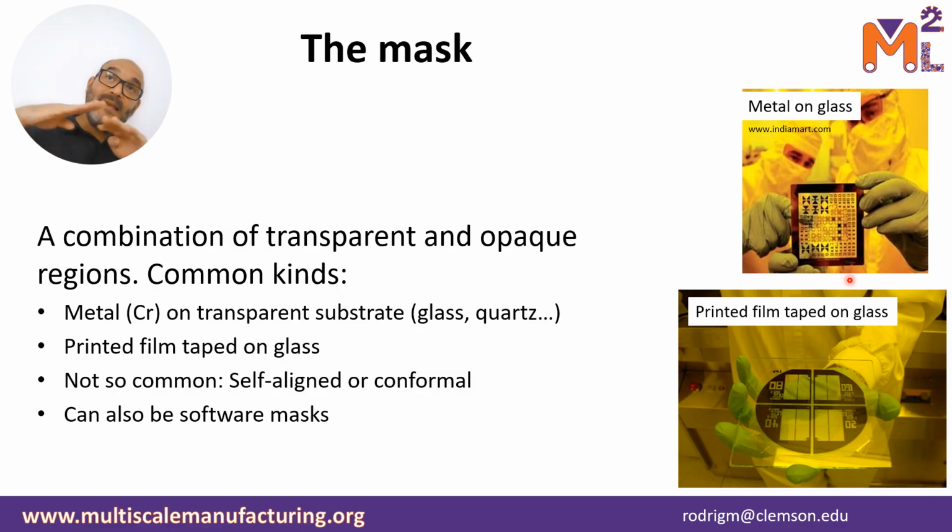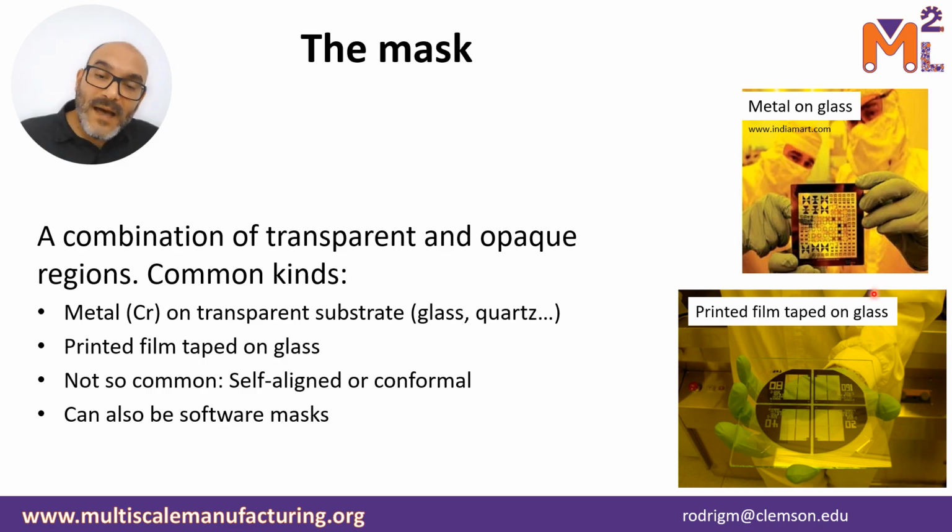And then a layer of chromium that has been patterned in order to generate the mask. Over here you can see the chromium on the edges and also the chromium in the particular patterns that you see in the center.